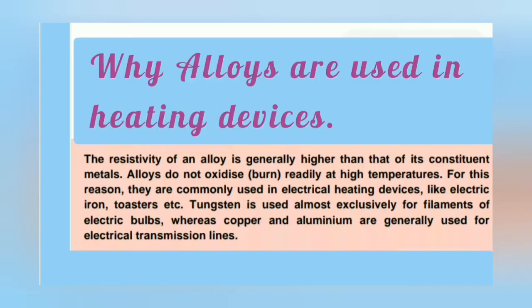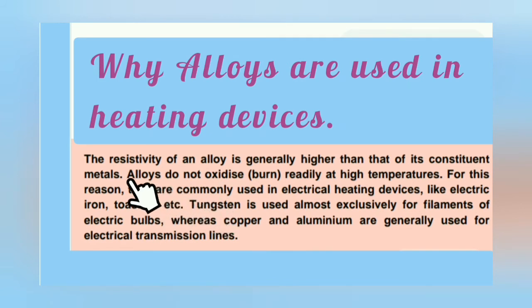You know that we use different materials for different purposes. In heating devices we usually use alloys, and in an incandescent bulb the filament is made of tungsten. The connecting wires are made of copper. Why do we use different materials for different purposes? It is based on the resistivity of the material.